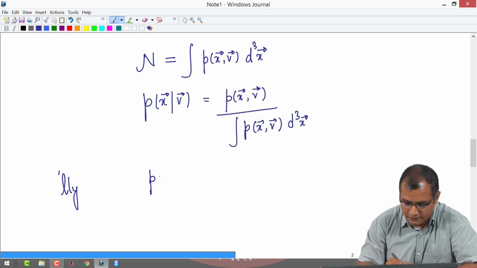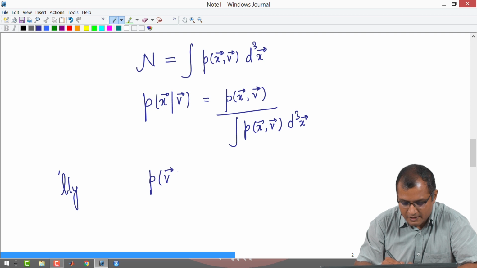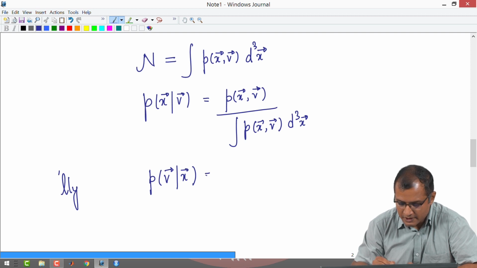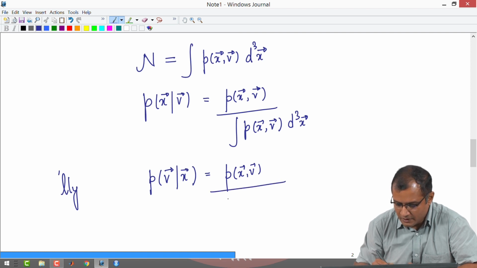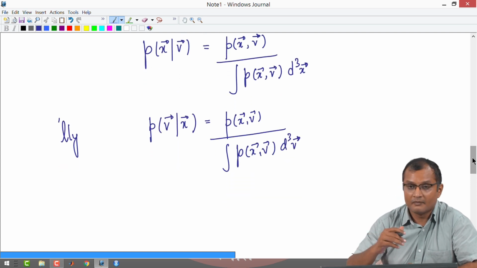You can write down the conditional probability density of velocity such that the positions are fixed to some value x. Naturally, this will come out to be the joint probability density divided by the norm, which is now simply the integration of the joint probability density over the entire volume, over the entire velocity.